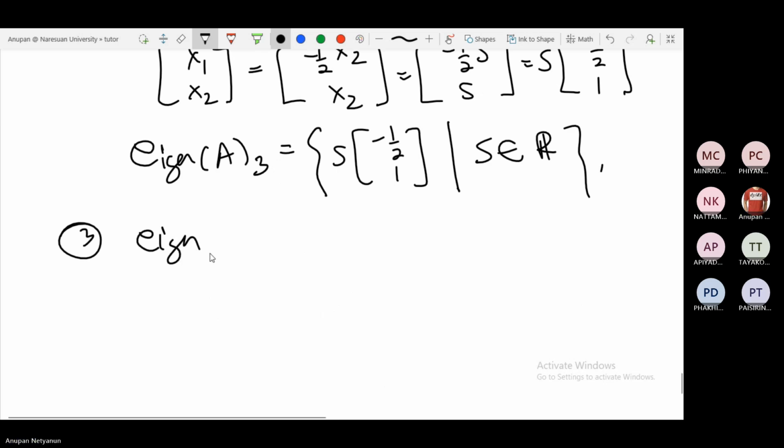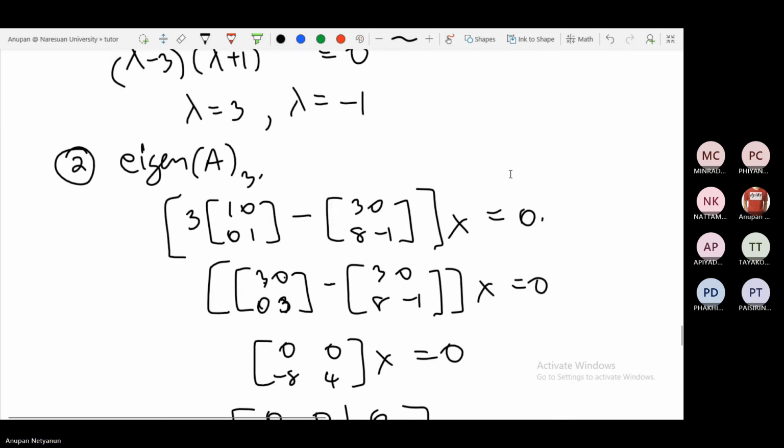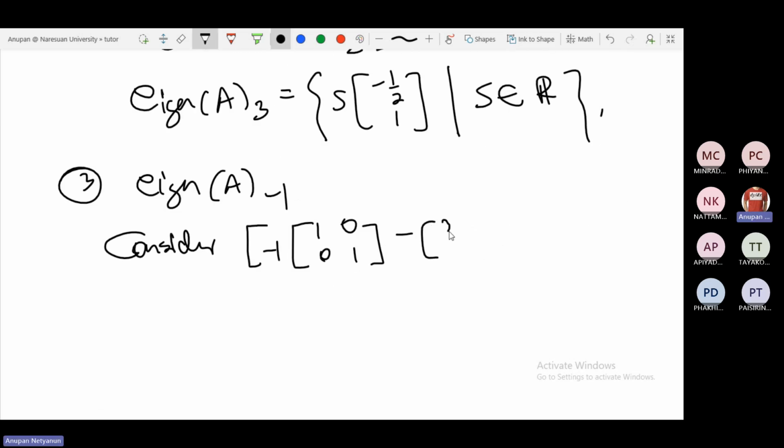Eigen A of negative 1, so we consider this equation: negative 1 times I2, in this case [1 0; 0 1], minus matrix A, [3 0; 8 -1], times x equals 0.